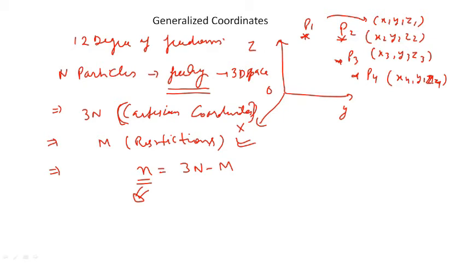So these are called the generalized coordinates.